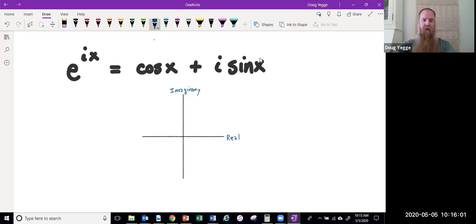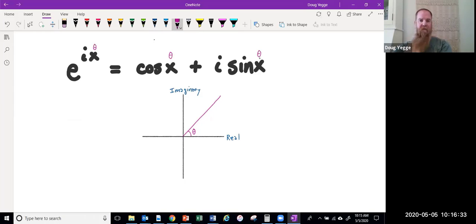then you might remember that when we were dealing with complex numbers back in trigonometry, we would be given some sort of angle. Let's just say that angle was right here. Well, that in this case is an angle theta.